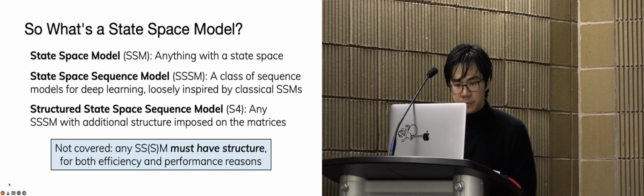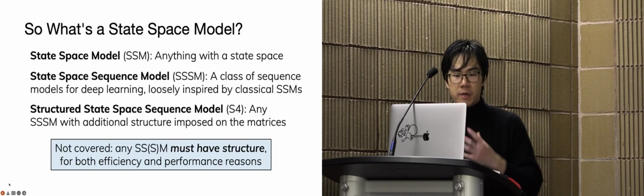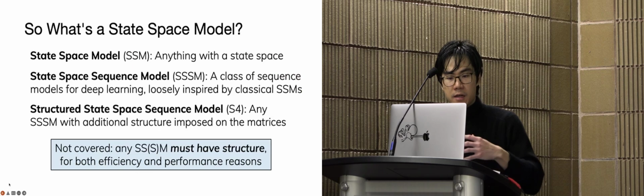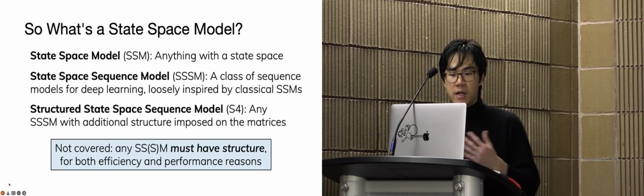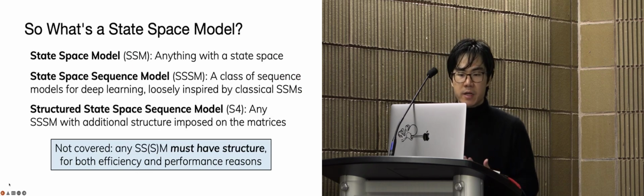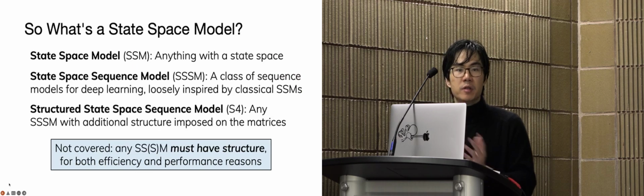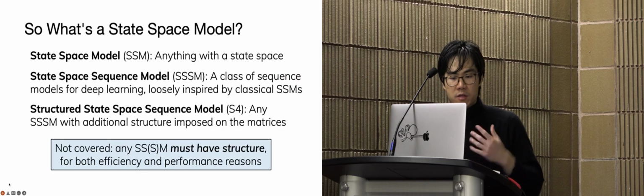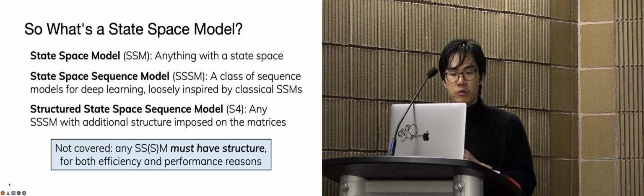Many flavors of models are built on top of this that keep to the linear time invariant constraint, because this is what gives the model the ability to switch between these views. To have both the recurrent and convolutional view, your model has to be time invariant.